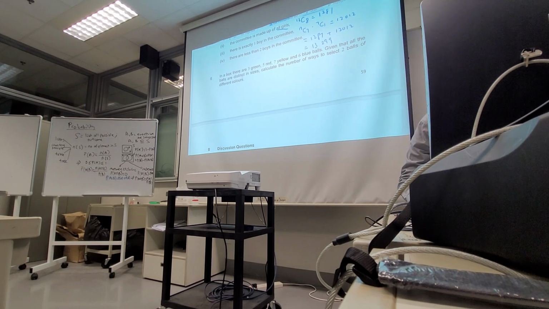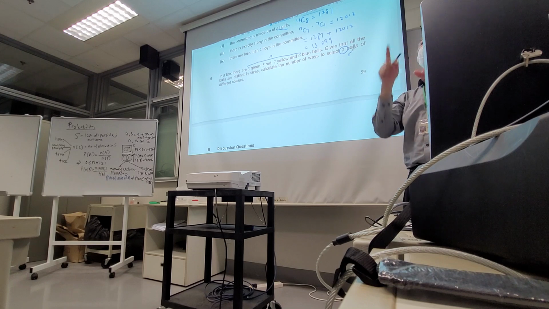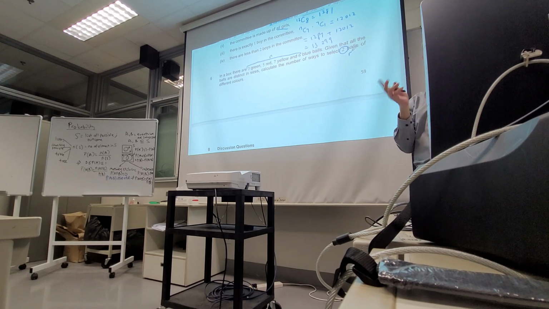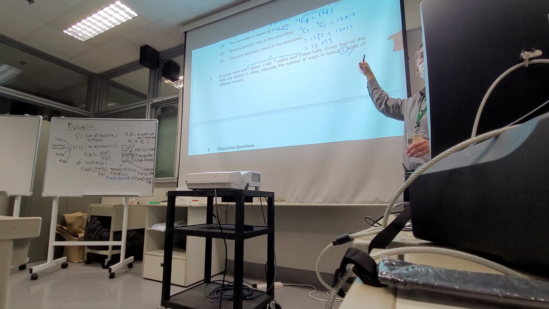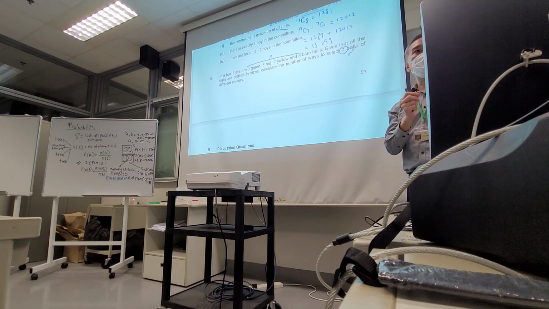So this whole thing is your N, and this is your R, correct or not? But take care, you cannot just add up all the N. You cannot add 3 plus 5 plus 7 plus 6 together and then choose 2. Why can't you do that? Because then there will be a possibility that 2 balls are the same color.